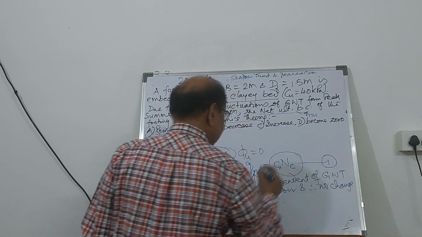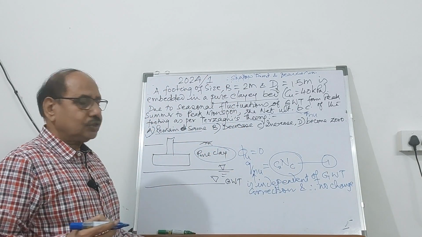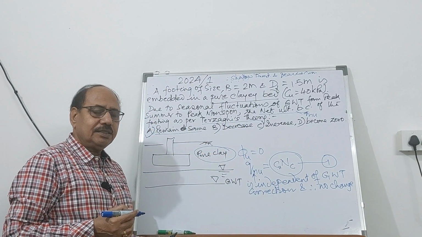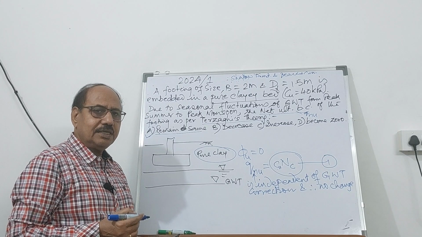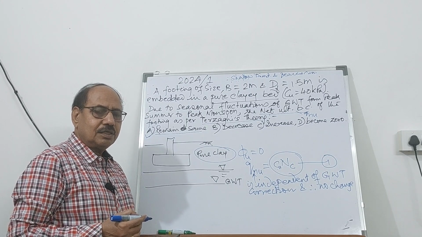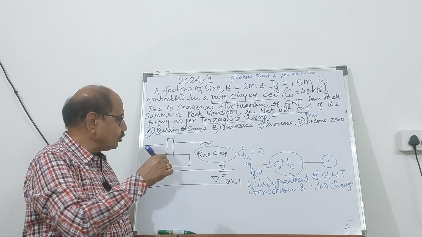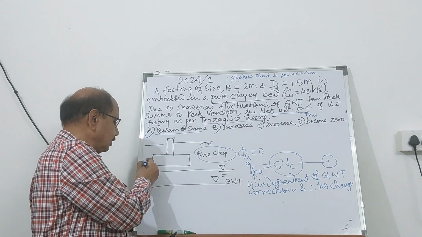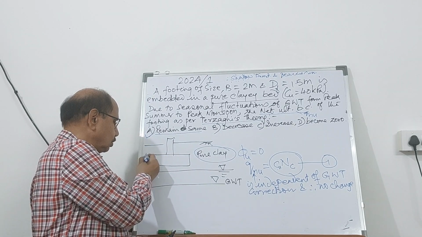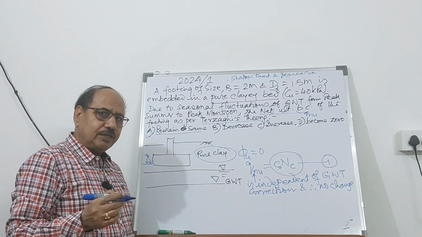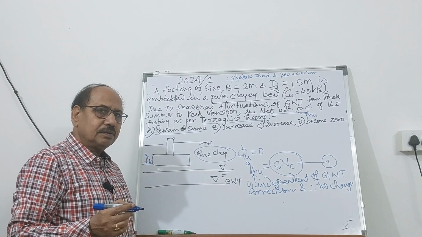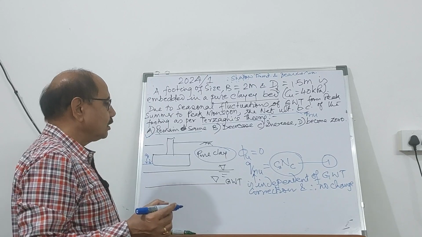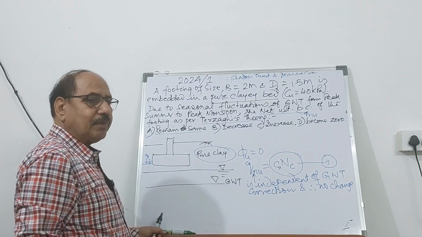Therefore, no change. You know the equation. qnu will be Cu into Nc plus q, that is the surcharge over here, q into (Nq minus 1), plus the third part.